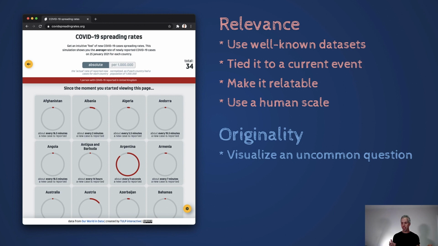At the same time, this data is usually published as the number of new cases per week or per day or something like that. But what I did here is I turned it into a simulation so that you get, in simulated real time, how quickly new cases are reported in every country. And people can, of course, see their own country, etc.